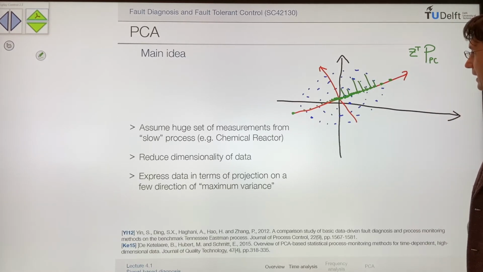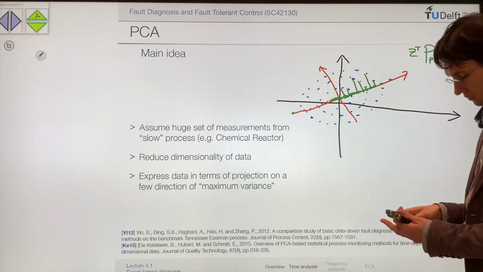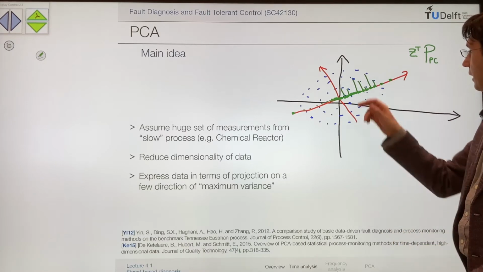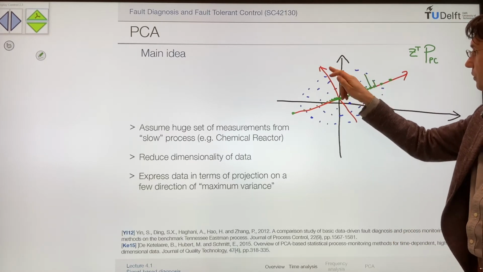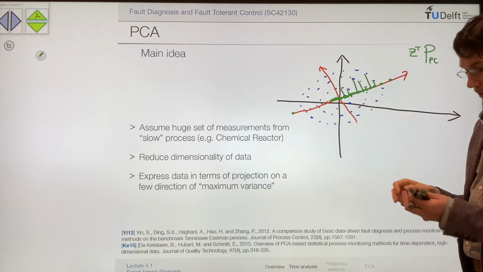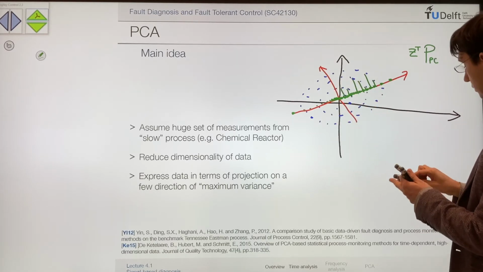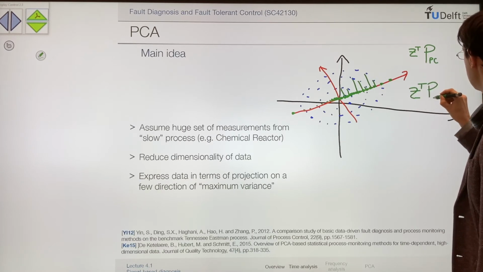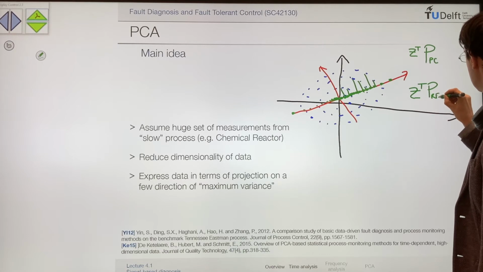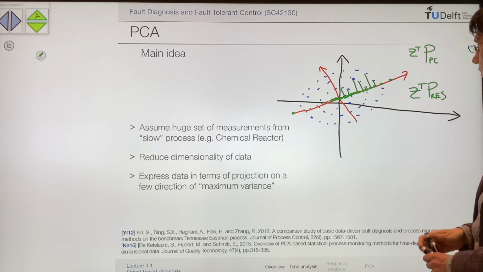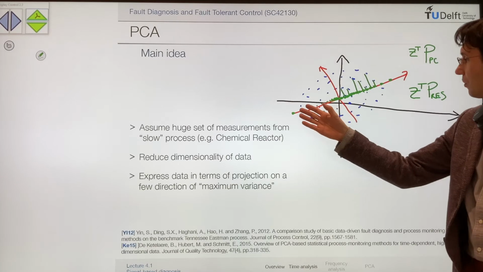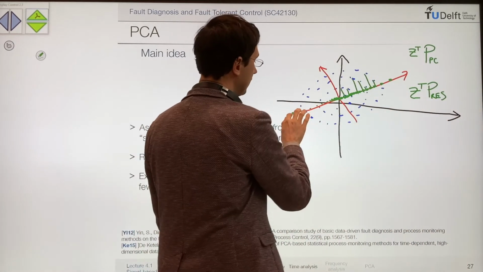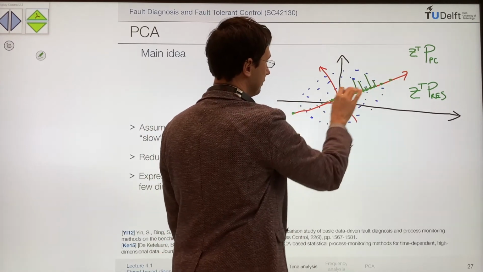But actually, we can also project on this other direction. You can also think, I don't know which color to use, but let us assume that you project all these data points on this direction. This would be equivalent to this other product, Z transpose that multiplies P residual. So if you consider keeping only the principal components, then you are describing your data only as the projection over this.